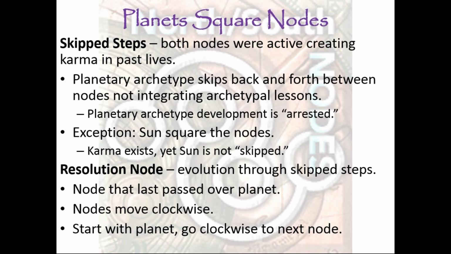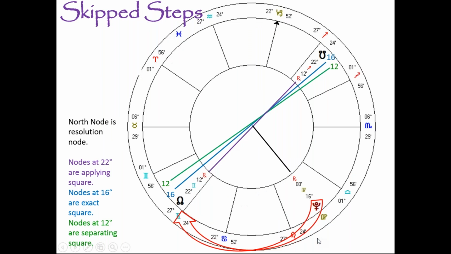Now, when the planetary archetype skips back and forth between those two nodes, again, we have to look for that resolution node to evolve through the skip steps. And just like I showed you, it's the node that last crossed over the planet. The nodes move clockwise. You start with the planet and you go clockwise to the next node or the first node you come to.